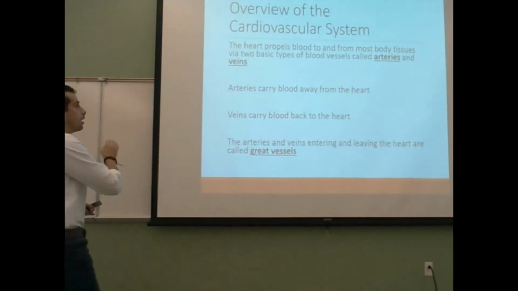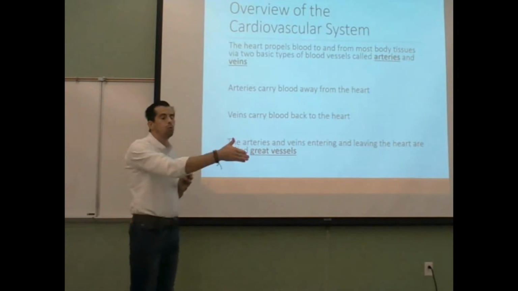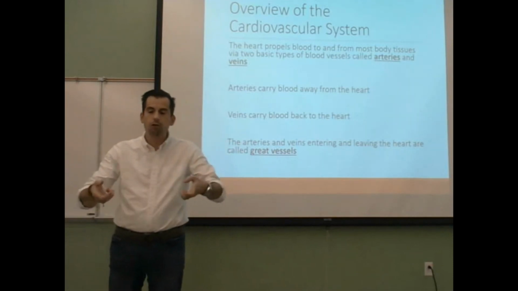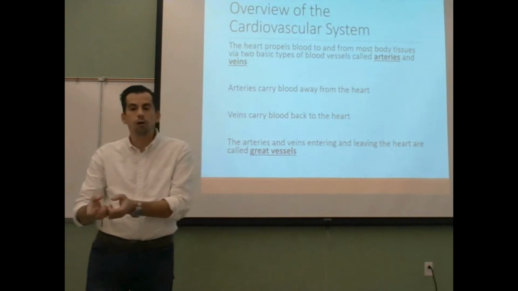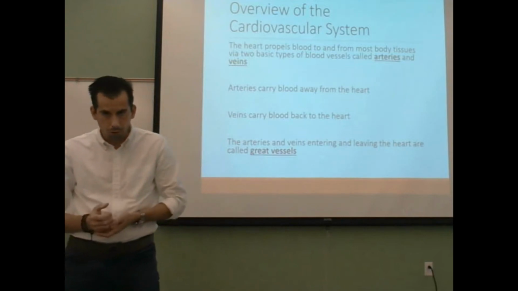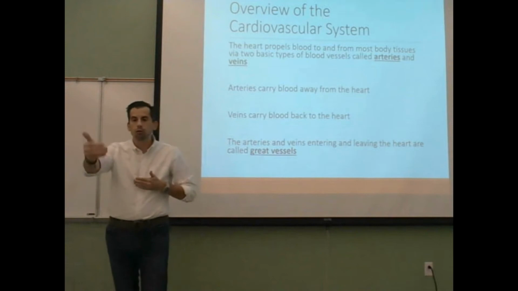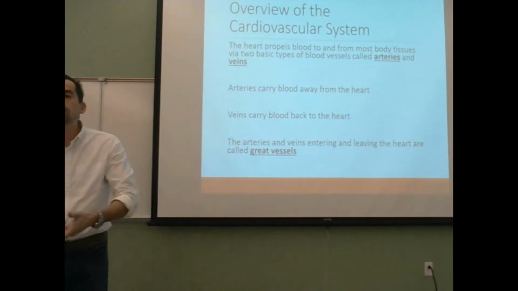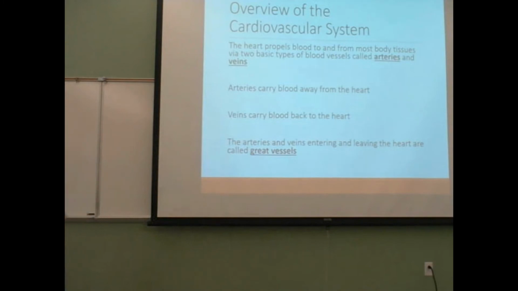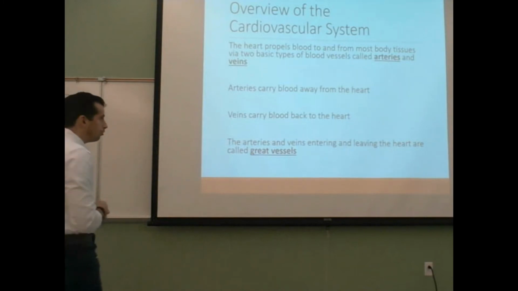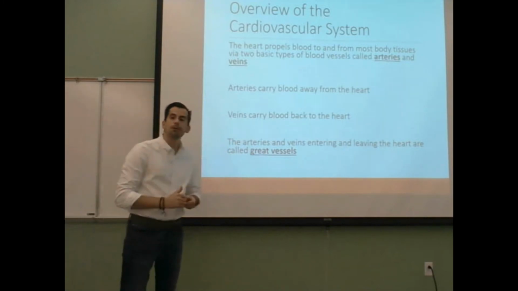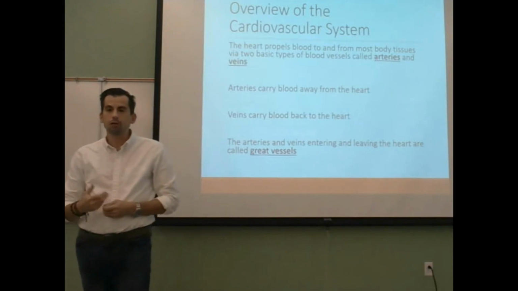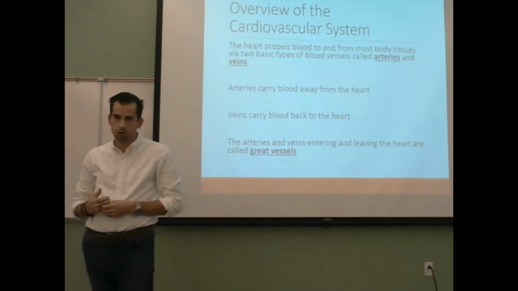Now, as we see arteries leave the heart and go towards the tissues, we're going to start at the largest of arteries. They're going to divide into smaller arteries. Those smaller arteries will divide into even smaller arteries. As we go from the heart to the tissues, we will see this directly decreasing size change as we move in that direction. Once we pass through the capillaries and start making our way back, the order is reversed. The smallest veins will be out in the tissues.